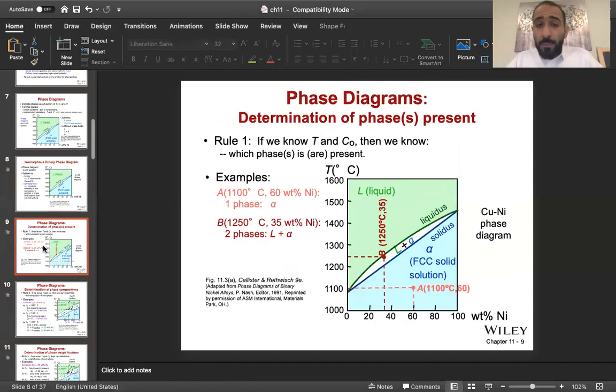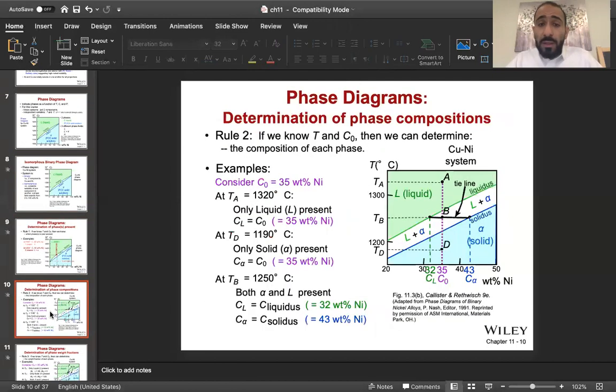The second important piece of information: at point B here we said that we have two phases, liquid plus alpha. So the question is, in the liquid phase, how much nickel and how much copper do you have?